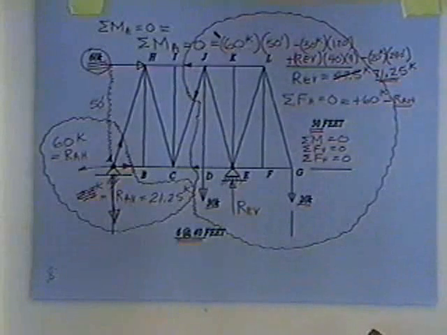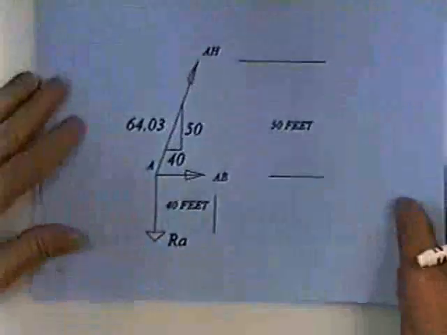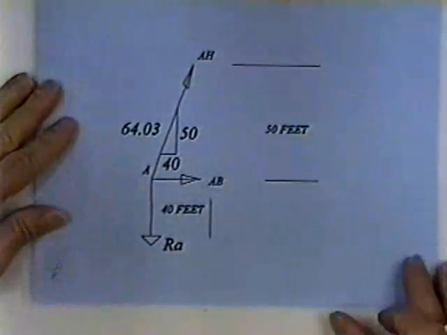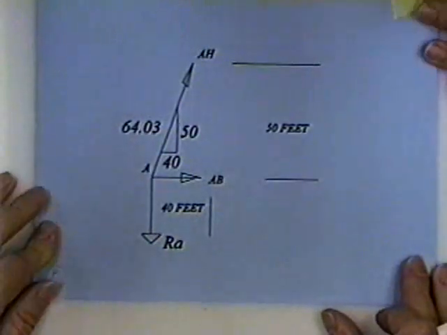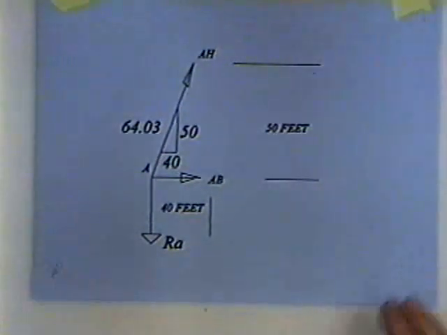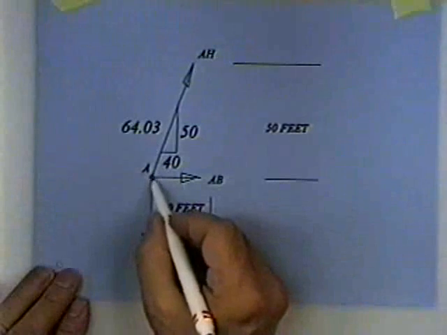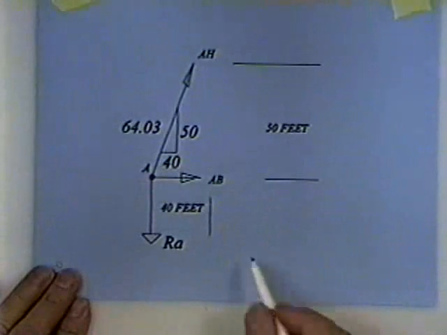Alright. Let's say I did indeed, on page 9A, want to solve for the force in member AH. Here we go with member AH on page 9A. You'll see that I cut the little steel pin at A out of the structure, and I have now shown 3 forces.